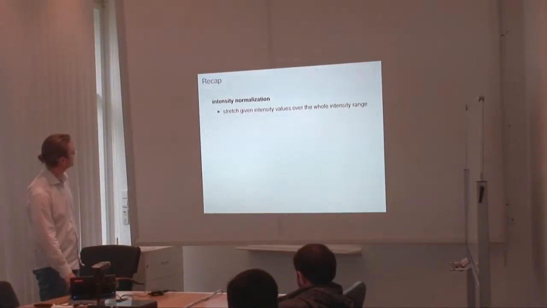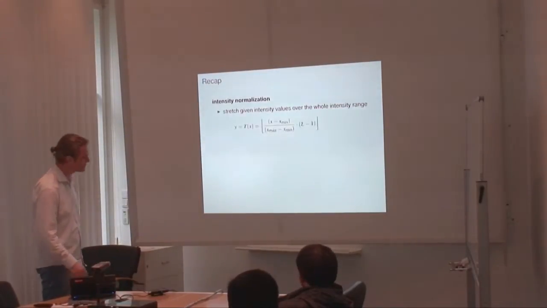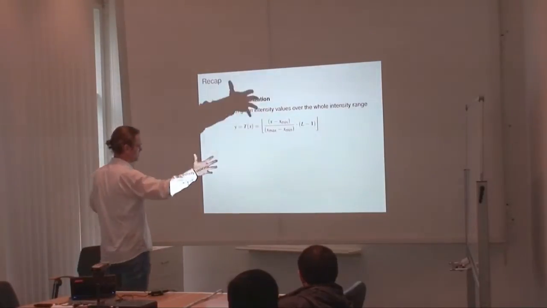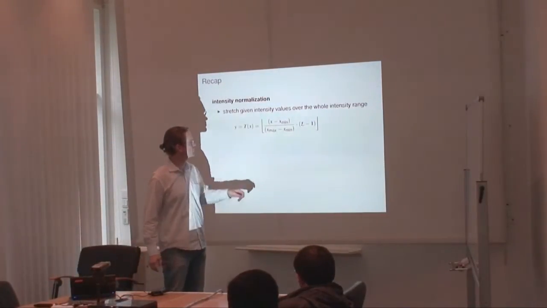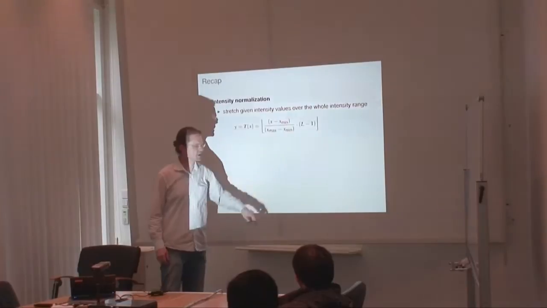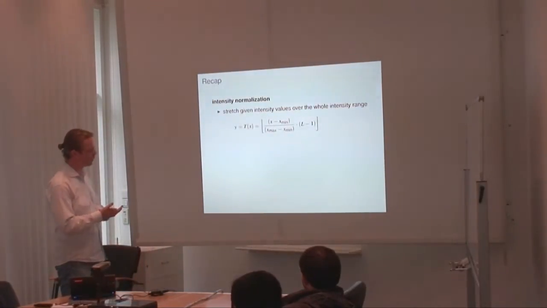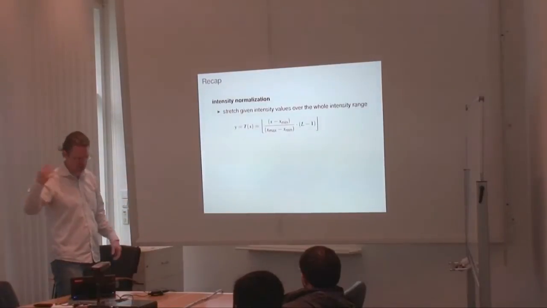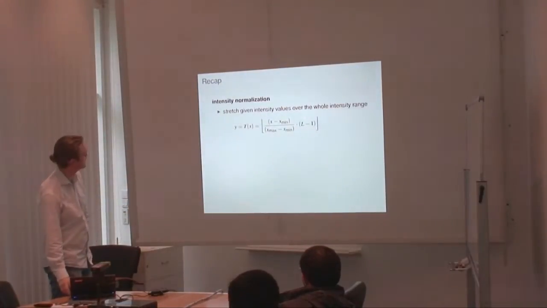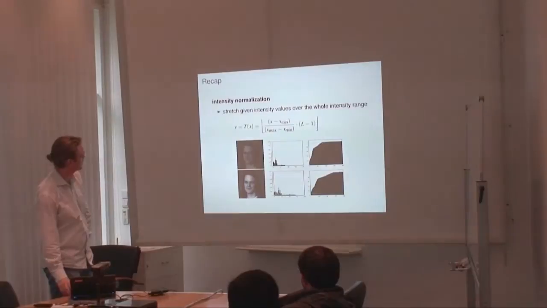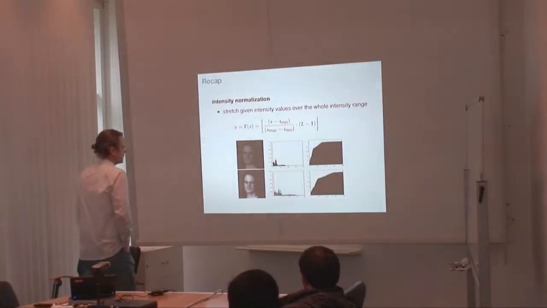And for the intensity normalization, we looked at the idea of stretching the given intensities in an image, which range from x min to x max, such that they cover the whole range from 0 to L minus 1, typically from 0 to 255. Here is how that looked.